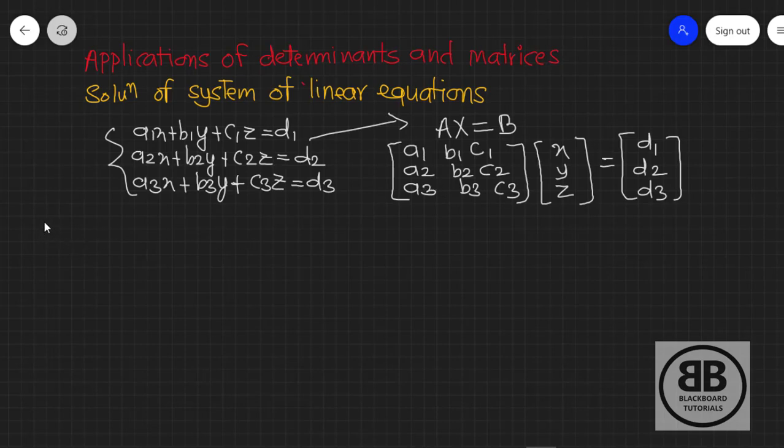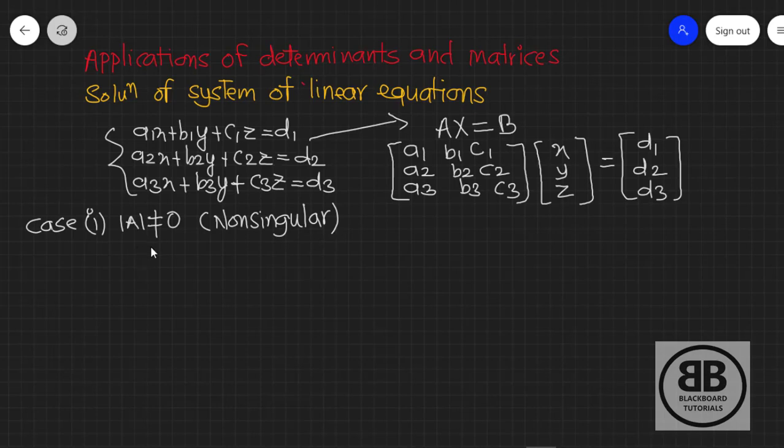Case 1: what happens if the determinant of the coefficient matrix is non-zero? If you take the determinant of the coefficient matrix and it is non-zero, that means your coefficient matrix is non-singular.